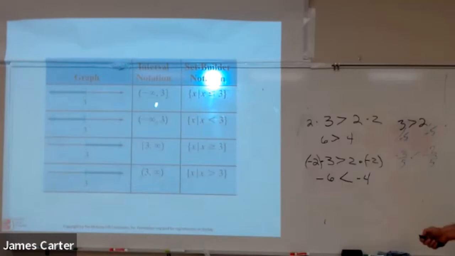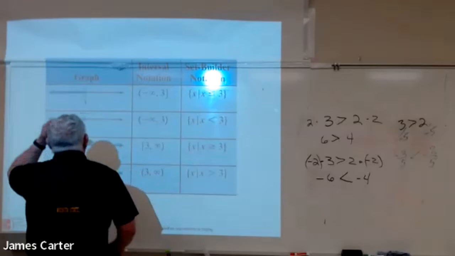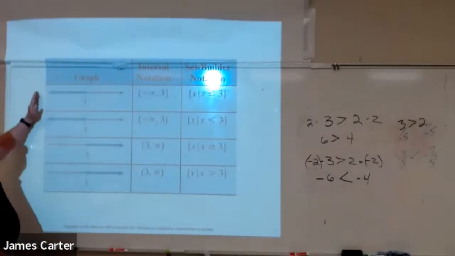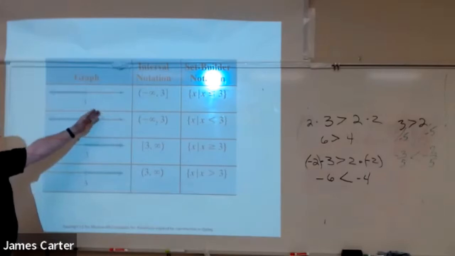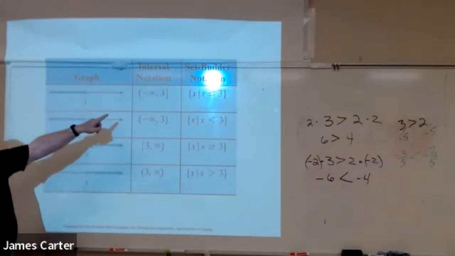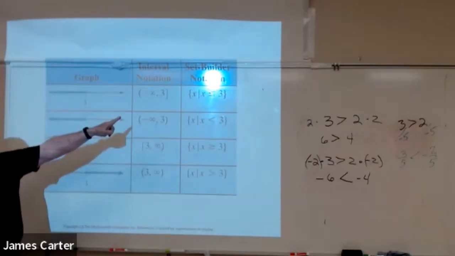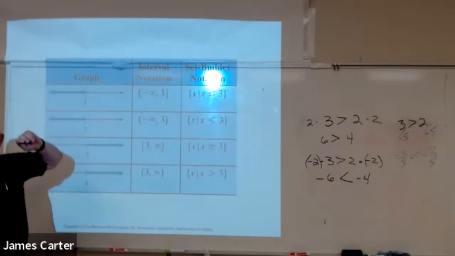Now, what does this interval notation mean? You notice it uses brackets and parentheses. Let's look at this. We always read graphs left to right, just like we would an English notebook. This goes all the way to negative infinity. That's what that arrow represents.